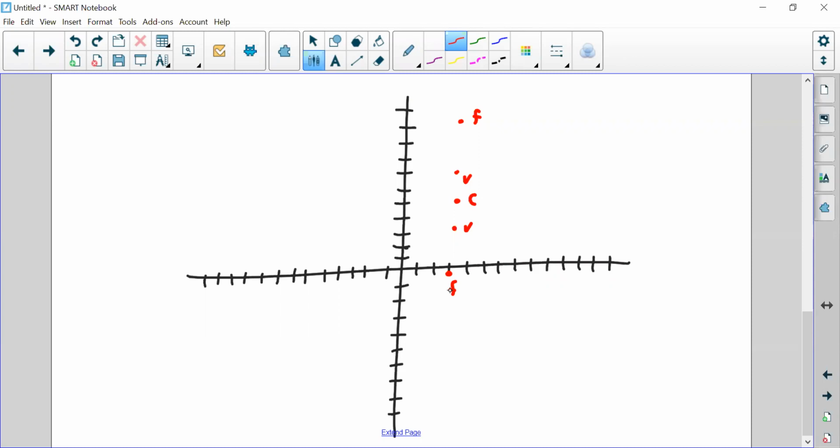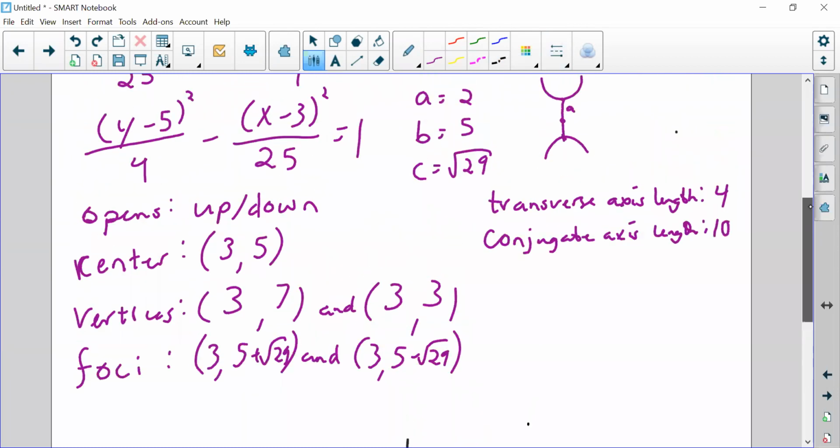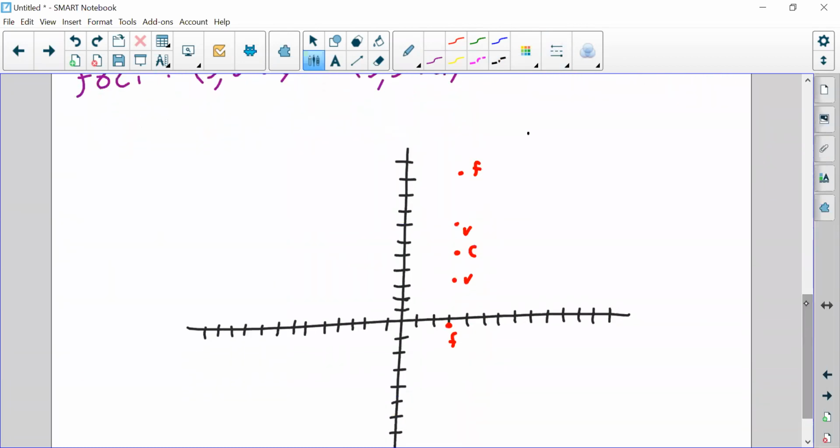Okay, and we know here's our transverse axis here, connecting the 2 vertices. Okay, and what was our conjugate axis length? 10, so I need to go 5 in each direction from the center. So 1, 2, 3, 4, 5. 1, 2, 3, 4, 5.